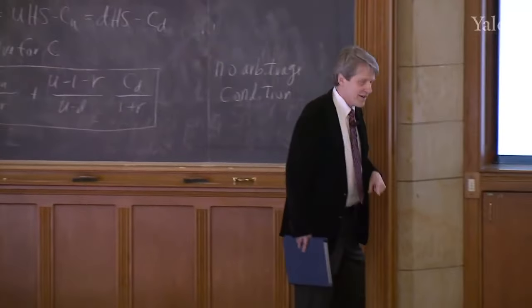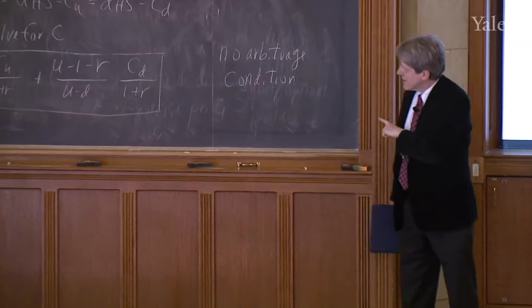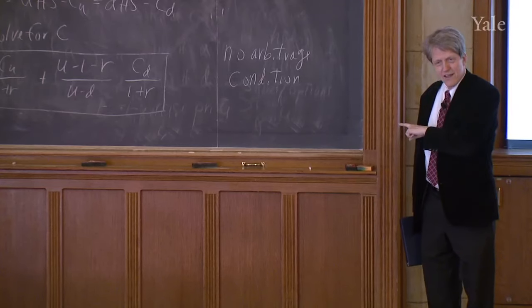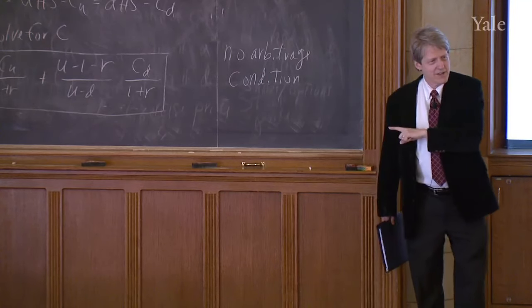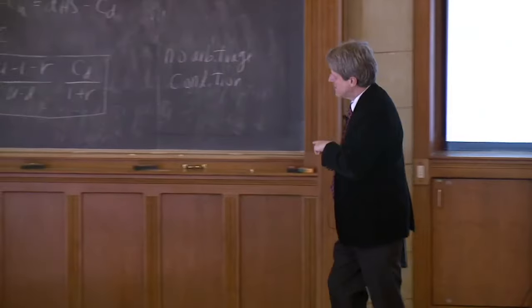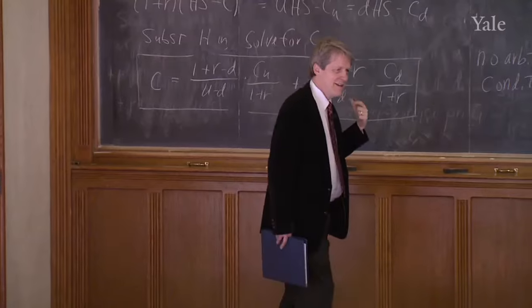Now, that is the basic core option theory. The interesting thing about this theory is I didn't use the probability of up and the probability of down. So somebody said, wait a minute. My whole intuition about options is I buy an option because it might be in the money.